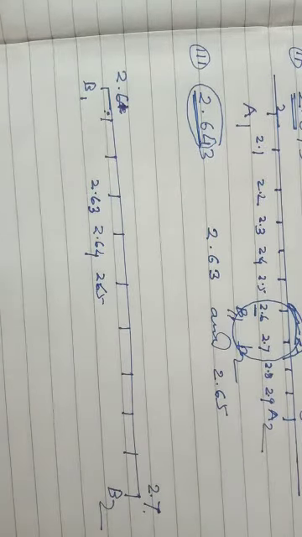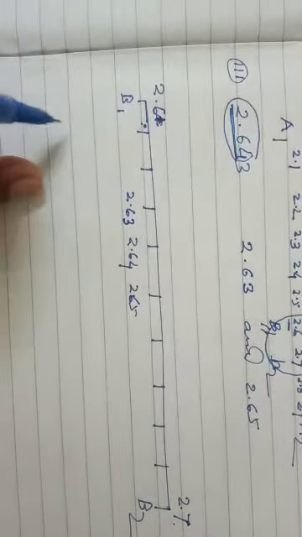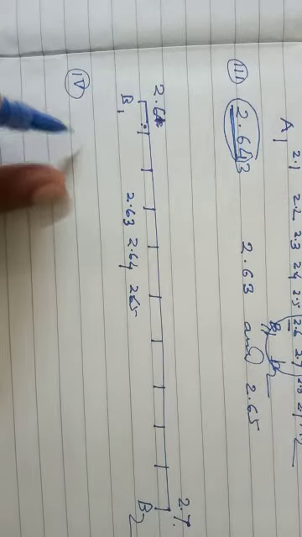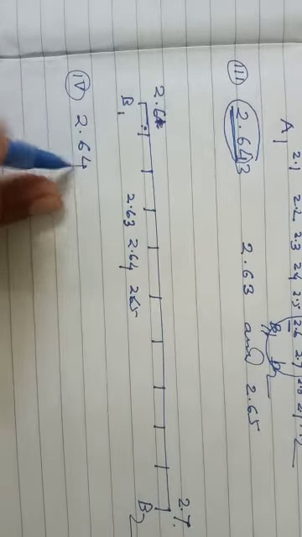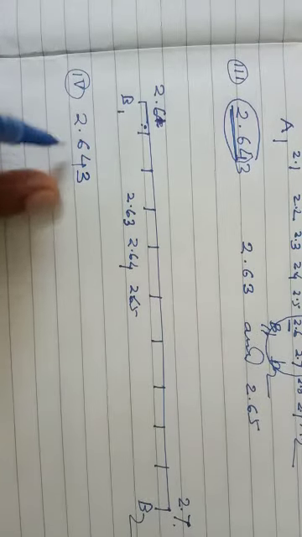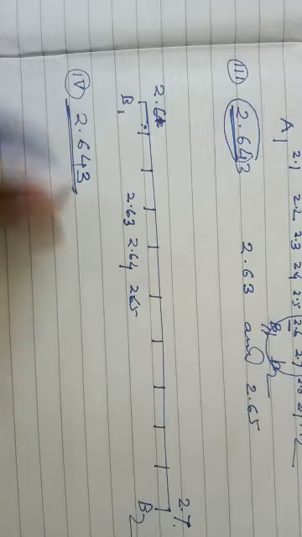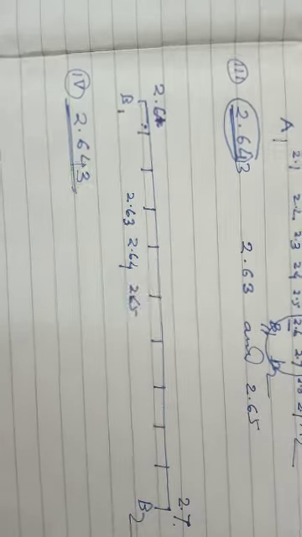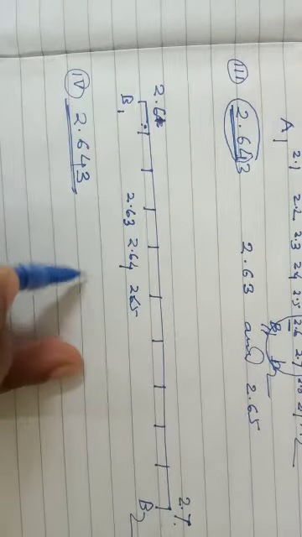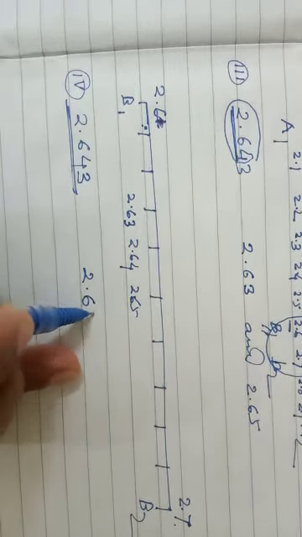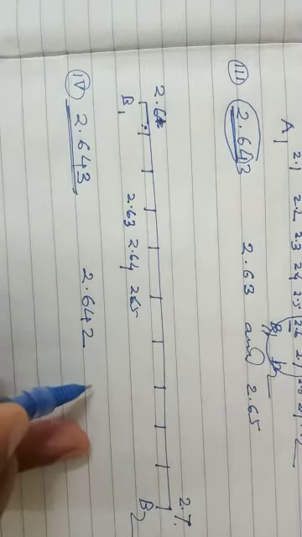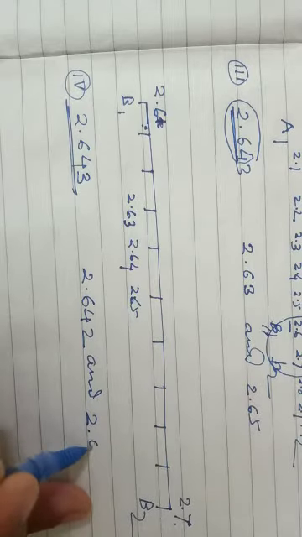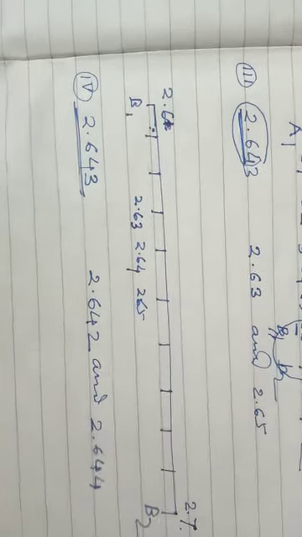Now in the next step, our fourth step, 2.643 lies between 2.642 and 2.644.